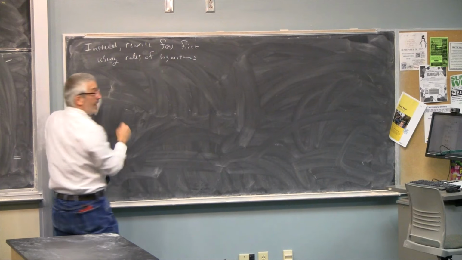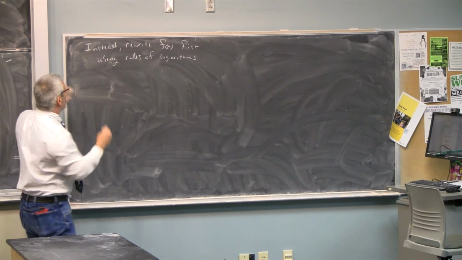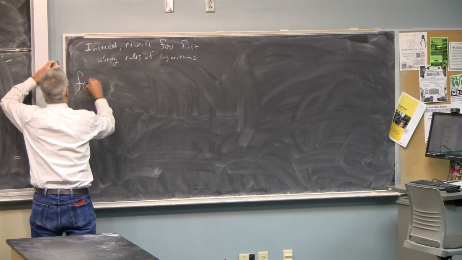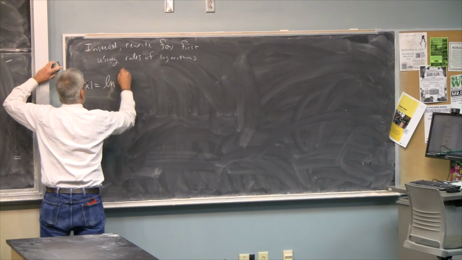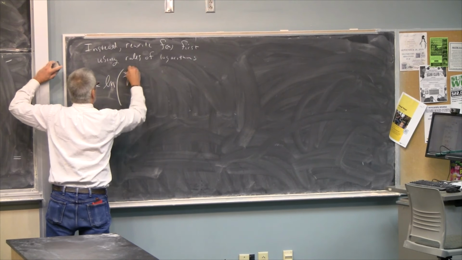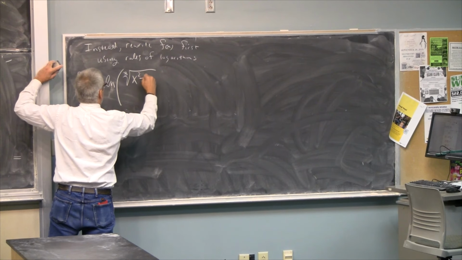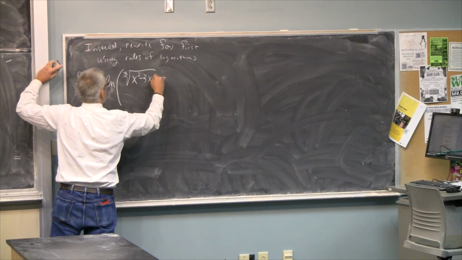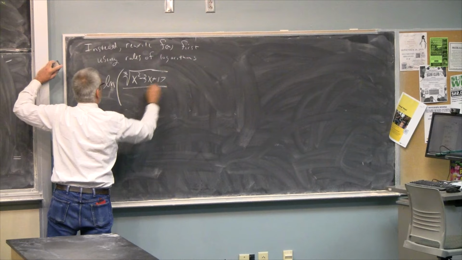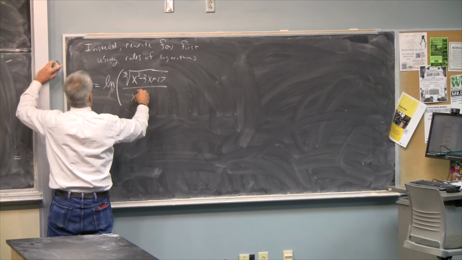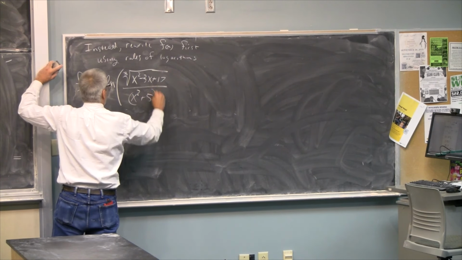We're not doing the derivative now, we're just rewriting. So f of x is ln of the cube root of x squared minus 3x plus 17 divided by x squared plus 5 to the 3/5.